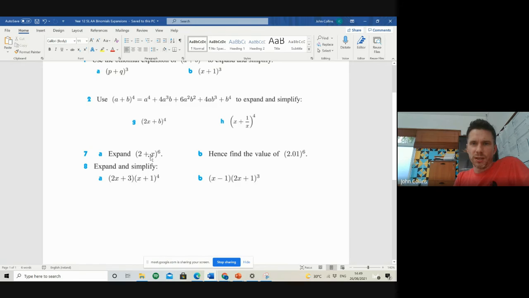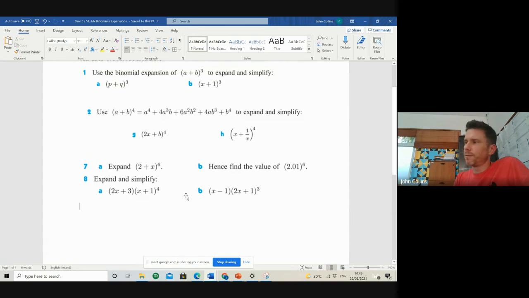So the something will go in there when you have expanded, and then maybe you can find a value. Question 8 then is looking for you to use a binomial expansion here with the 4th and the 3rd one, and then afterwards multiply that expansion by this and this. So do the binomial, do the power first, and then do the multiply afterwards. That's my hints for those.